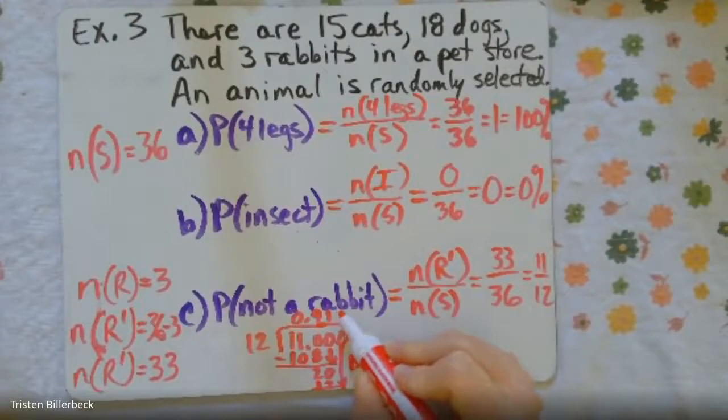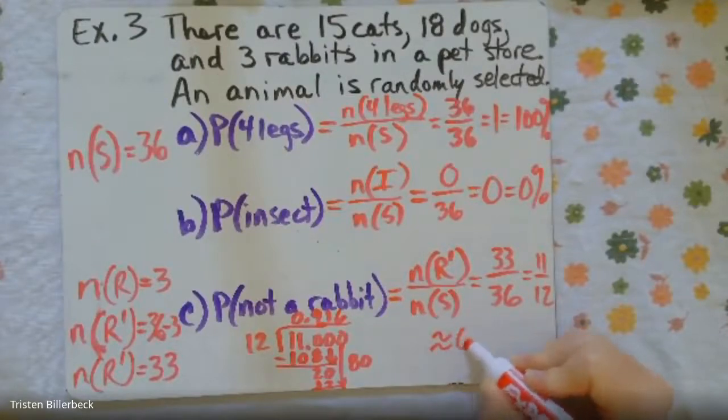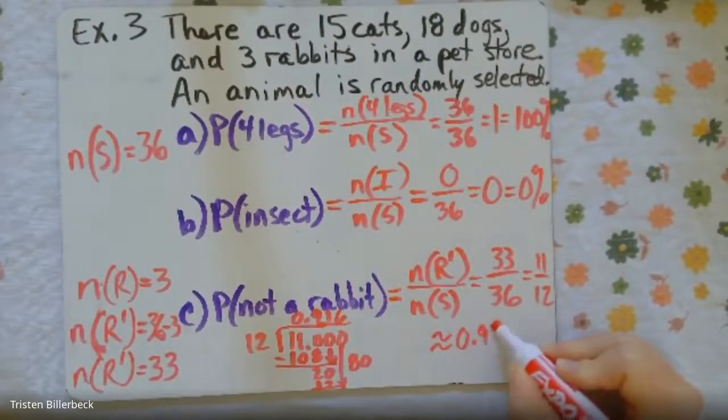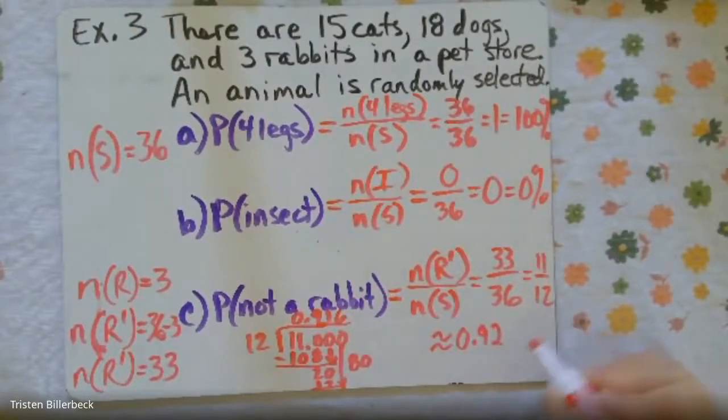So that would be 6. So what we can say is that this is going to round to 0.92 because the 1 has a 6 next to it. So 5 or more raise the score, 4 or less let it rest. So the 1 gets raised to a 2. So that means that it is a 92% probability of choosing an animal that is not a rabbit.